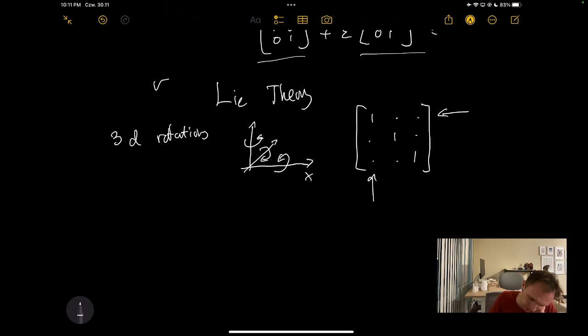It preserves the x-axis, so it doesn't do anything on those; they have to stay the same, like this and this. So I'm only allowed to modify this part over here. So it's cosine, minus sine, sine, cosine.